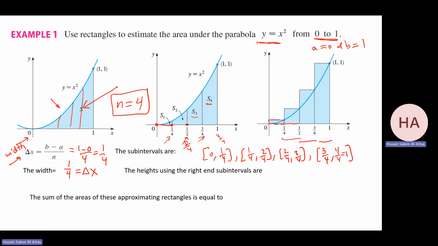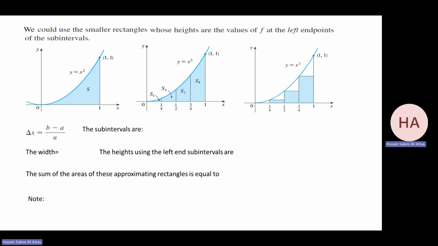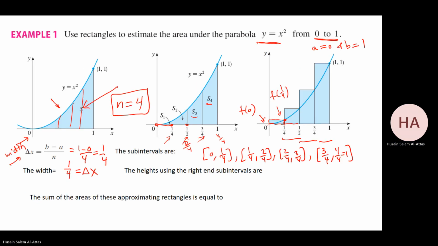In this rectangle, either I will use the right endpoint, which is f at this point, or I can use the left endpoint, which is f at 0, which I will do in the next case. Now in this case, I'm using the right endpoint. So I will use this one.